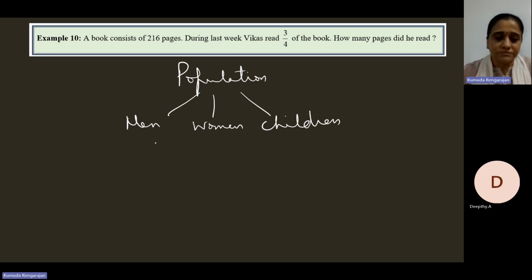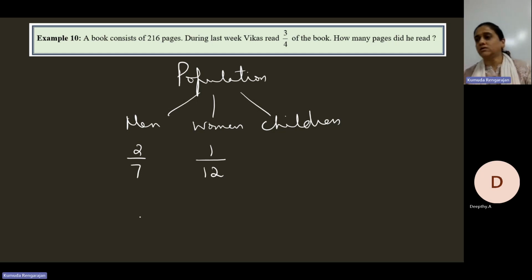So say 2 sevenths are men, 1/12 women. Now find the total. All of you do it. You can just take the last page. What is 2 by 7 plus 1 by 12? 2 by 7 plus 1 by 12.